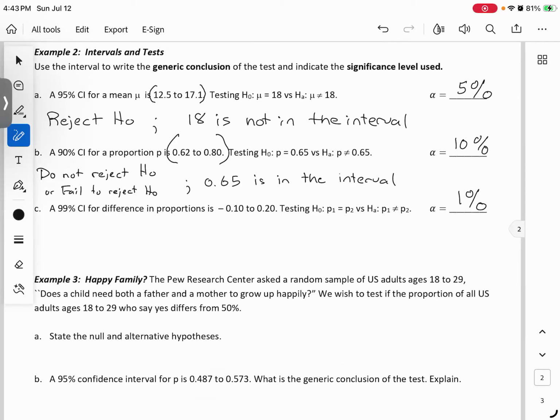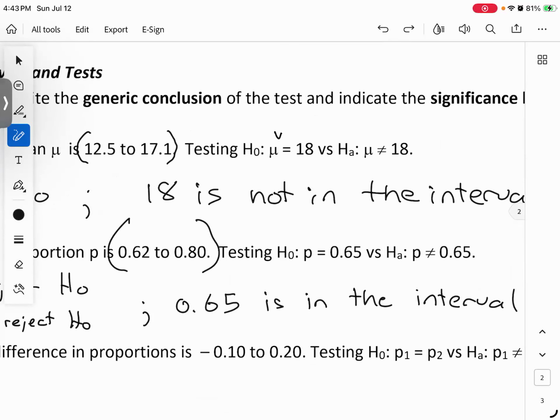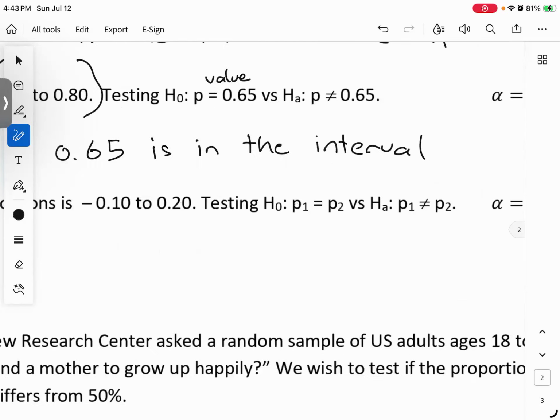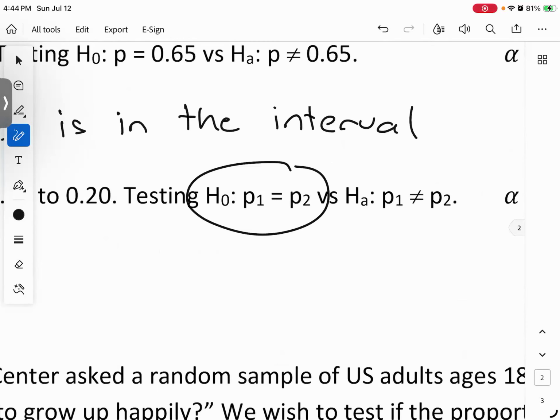Now, what I like about A and B is that for each of those, we were able to see specifically what the null value is. Null value was 18. Null value was 0.65. And then for C, this is what we're trying to reject, which someone is saying in the null or arguing that the proportion for group 1 is the same as the proportion of group 2.